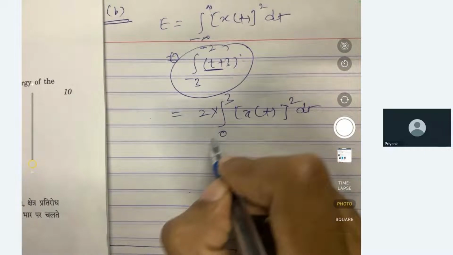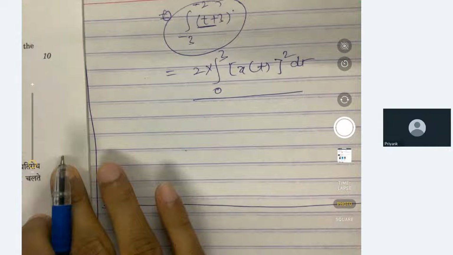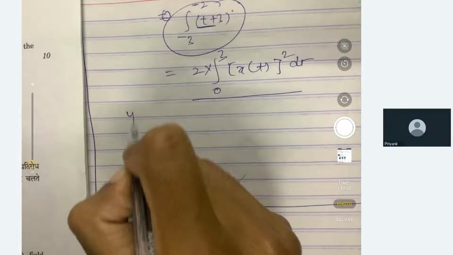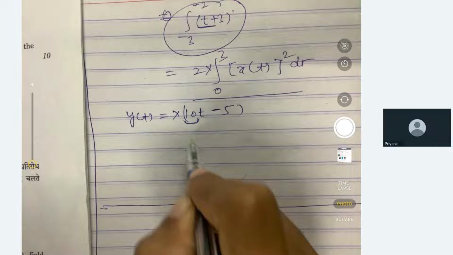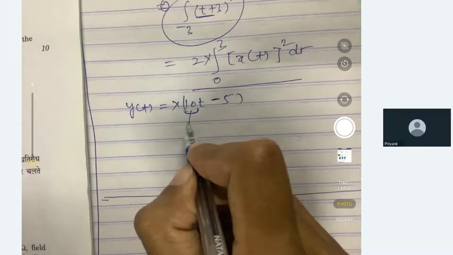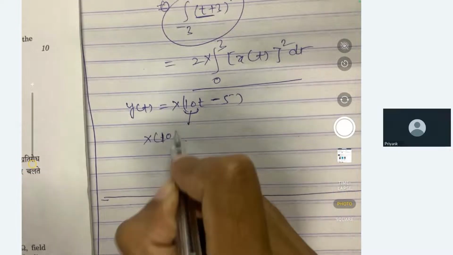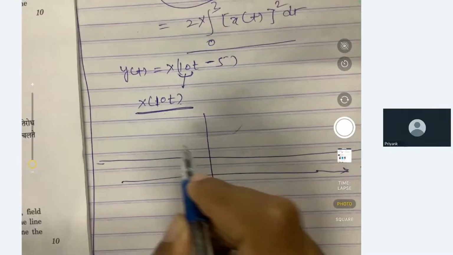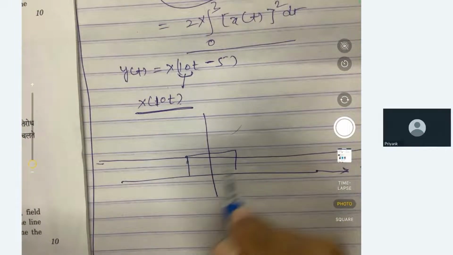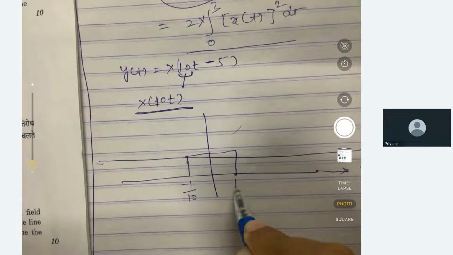After finding the energy, we need to sketch y(t) equal to x(10t minus 5). So x(10t) is actually a compression. First, let's do x(10t). It would be like this: minus 1 to 1, so you write here minus 1 upon 10 to 1 upon 10.